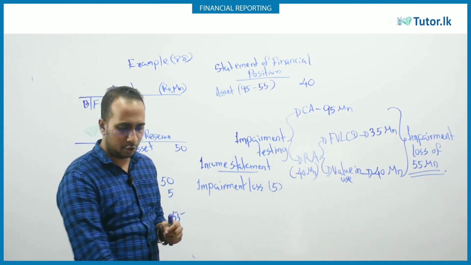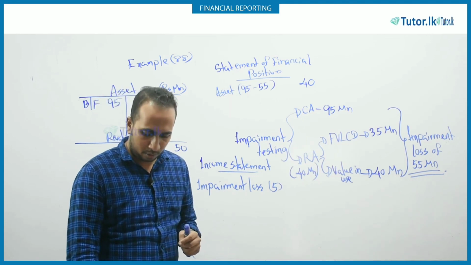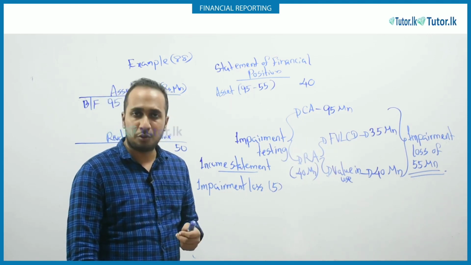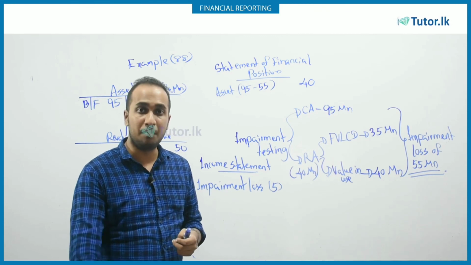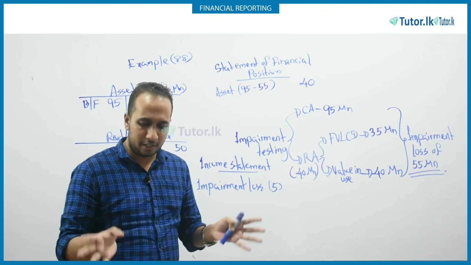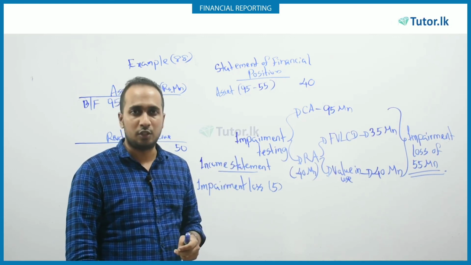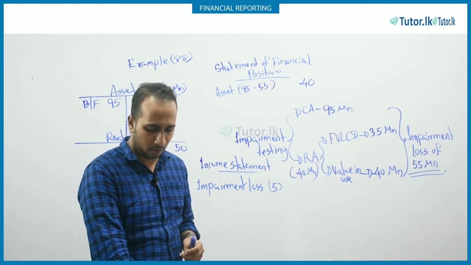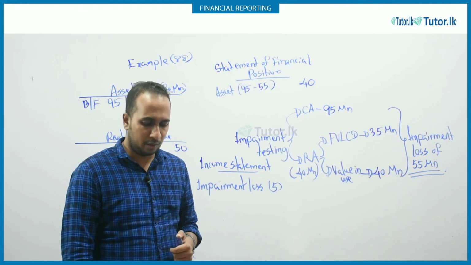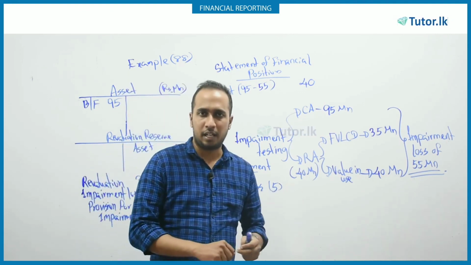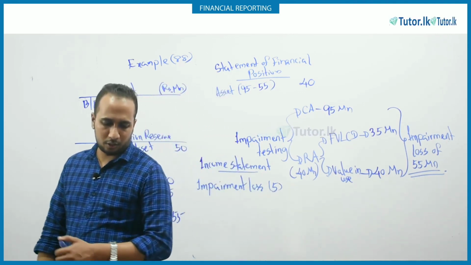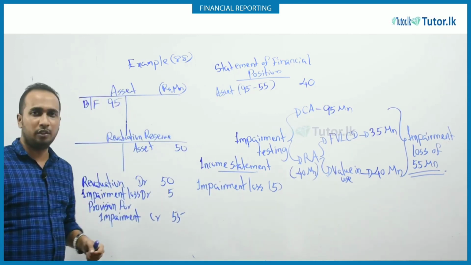There are definitions and descriptive parts you can refer to, but I have covered all the important parts and summarized everything on the whiteboard, which is useful for your examination. Now we are moving to another standard after this standard. Hope you are clear on this standard.